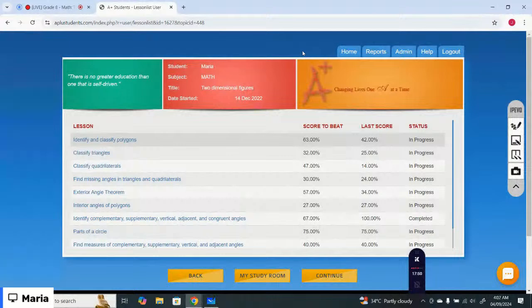Okay, so the first lesson is exterior angle theorem. Let's just start with the lesson.